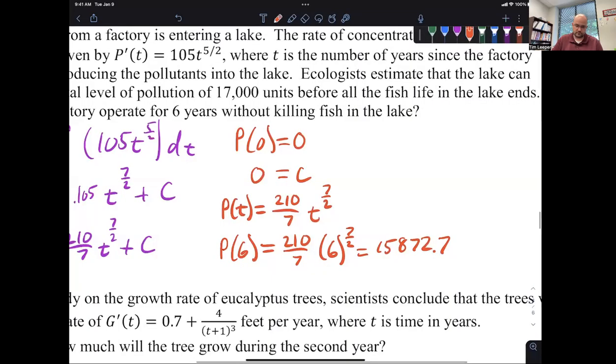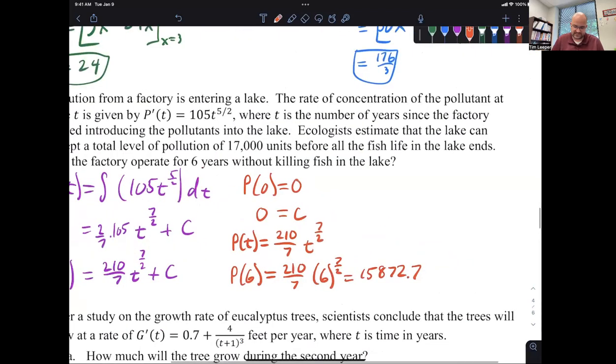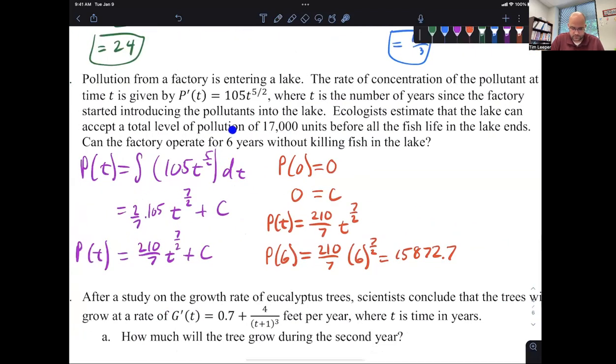Wonderful. Now here's the thing. Ecologists estimate that the lake can accept a total pollution of 17,000 units before all the fish life in the lake ends. So after 6 years, will all of them have ended? No, because it's still less than 17,000.